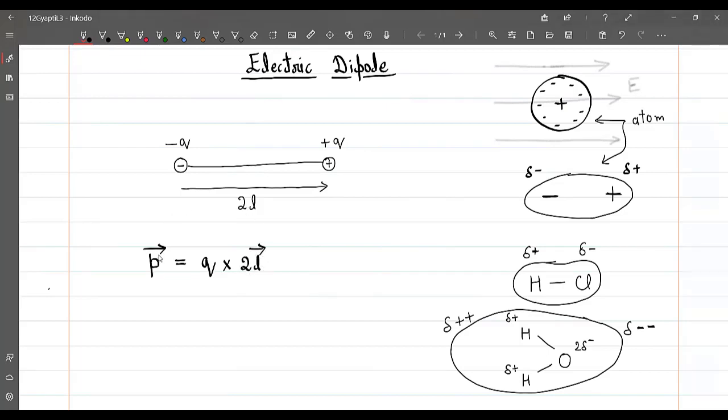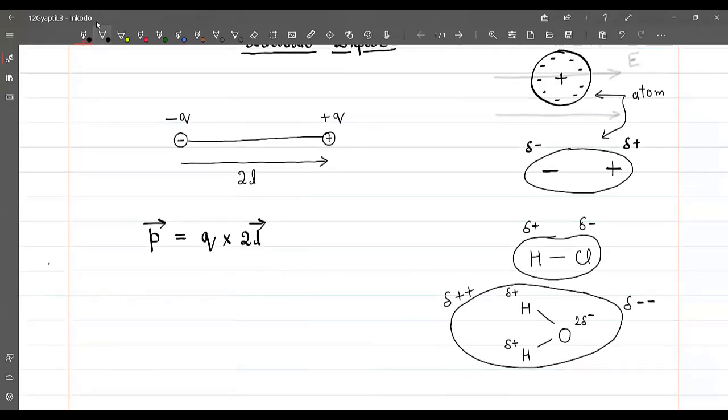So direction of dipole moment is from negative to positive. What is dipole moment? This quantity is called dipole moment. Dipole moment is a property of electric dipole, and this system is called electric dipole. Direction of dipole moment is from negative to positive.